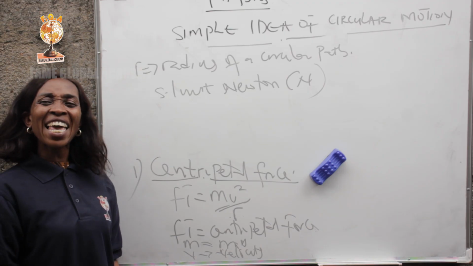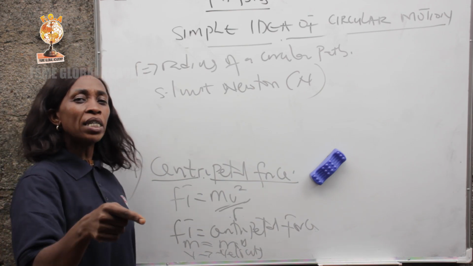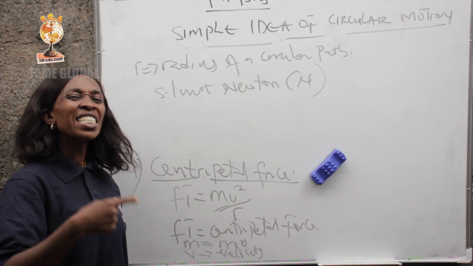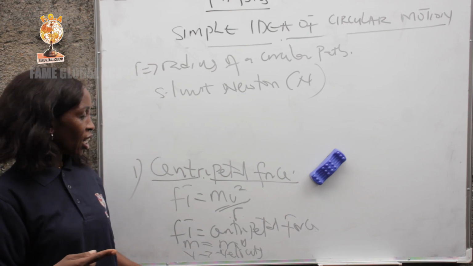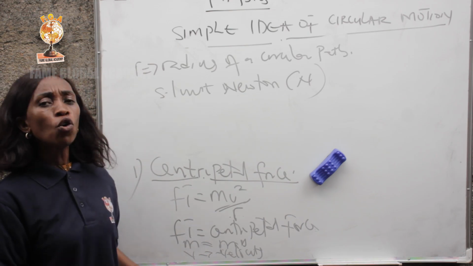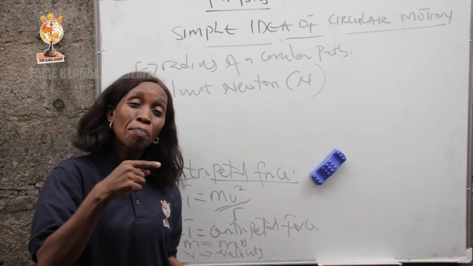Now, the force that is exerted on the body moving in a constant speed in a circular motion is called centrifugal force. The inward force that keeps a body moving in a circular path is centripetal force.